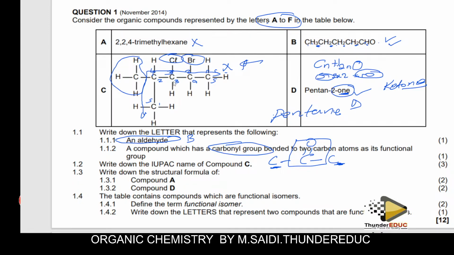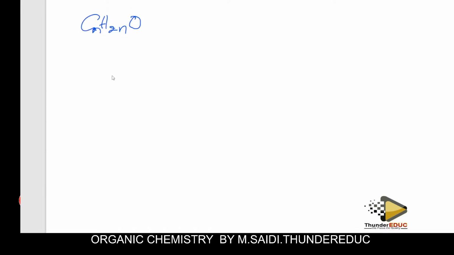This means that this one is bromo, this one is chloro, and this one is methyl. So now I can start labeling. We say that it is pentane.